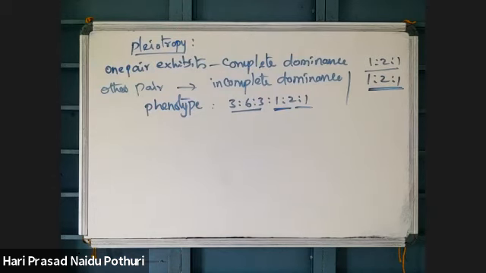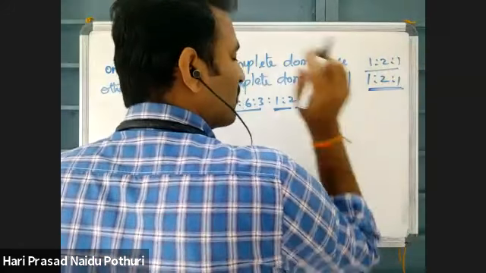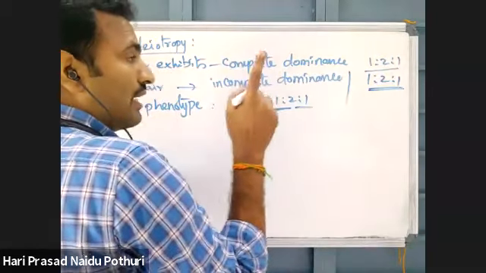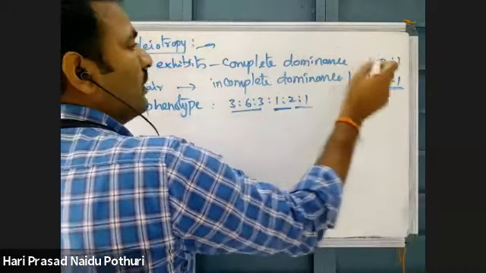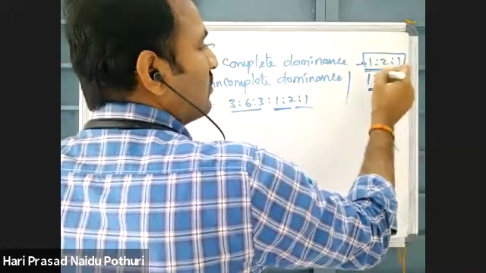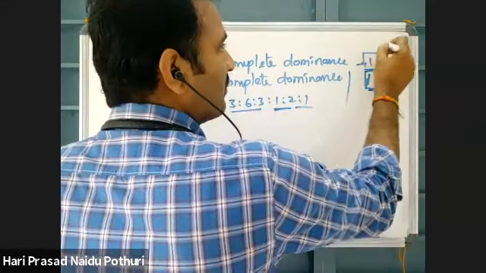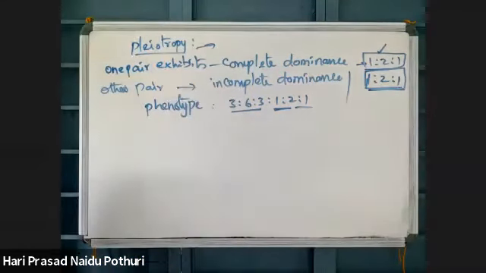But in incomplete dominance, phenotype is showing 1:2:1 and genotype is also showing 1:2:1 for one character. In a pleiotropic monohybrid cross, 1:2:1 is the genotype ratio and 1:2:1 the phenotype ratio, but here it is related to two characters.